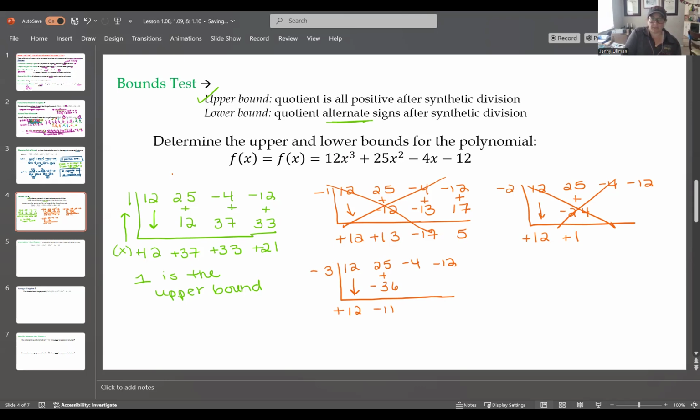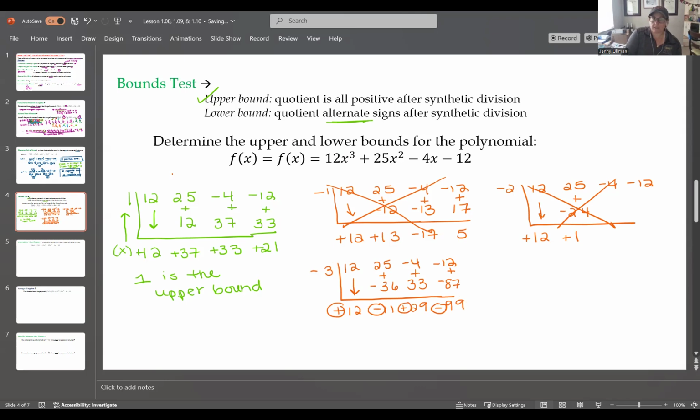-11 and -3 will give me +33. Add those up and I get +29. Great. So switched back. So I'm seeing some alternating. So it comes down to this last number. So 29 and -3 will give me -87. Add those up and I get -99. So I see the signs alternate.